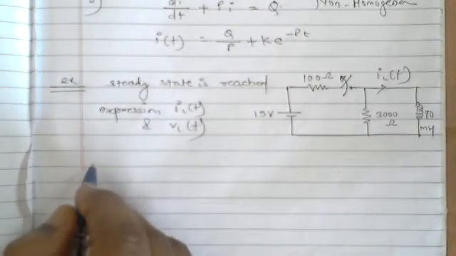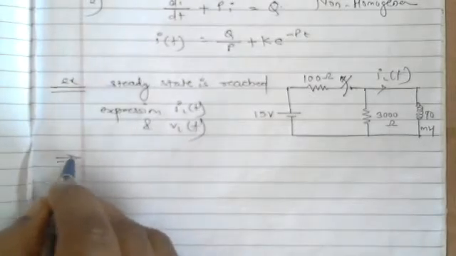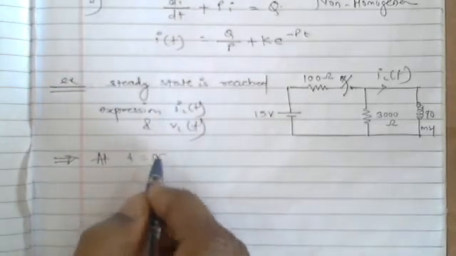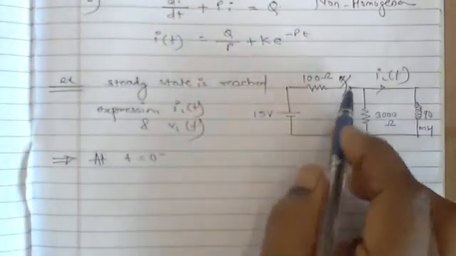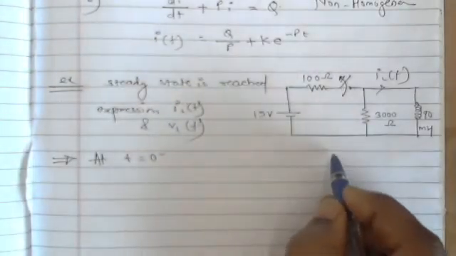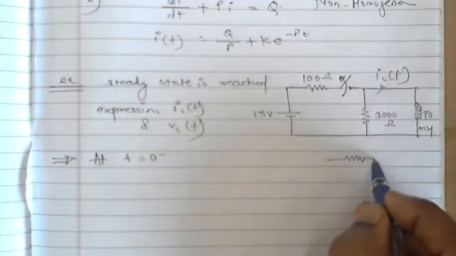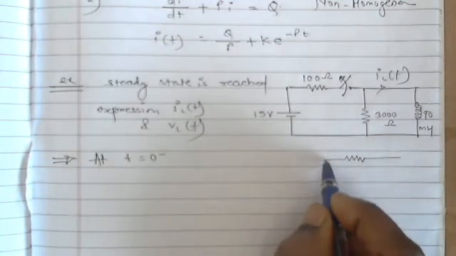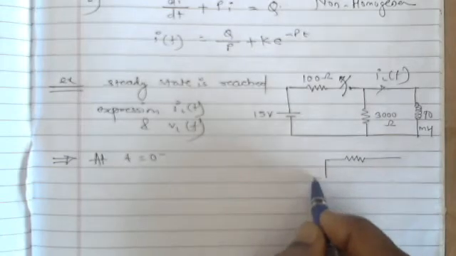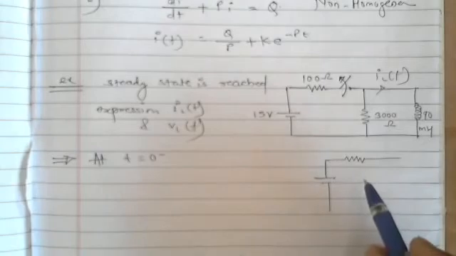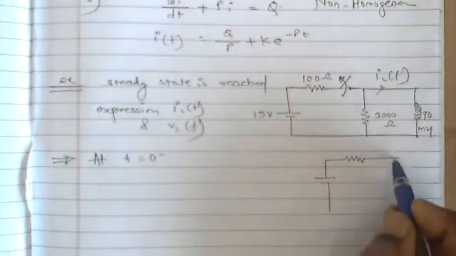What we'll do, first we'll draw the circuit at t = 0 minus. At t = 0 minus, this switch will be closed and the circuit will look like this. Now the twist is steady state was reached, so obviously your inductor will act as a short circuit.